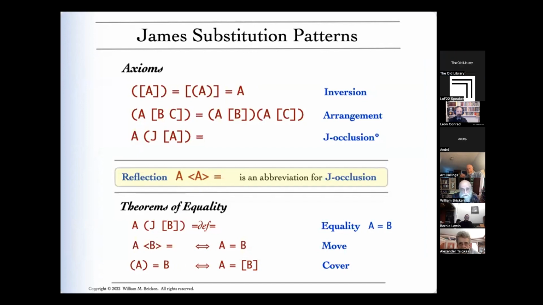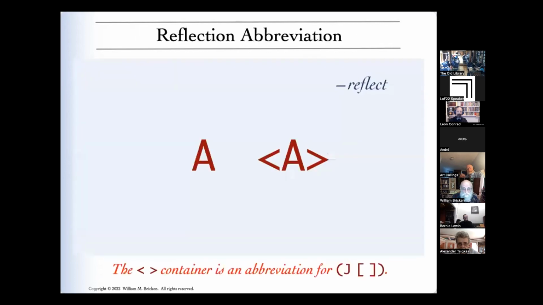It's an abbreviation, and three containers would just make the algebra way too complex. So here's reflection. Any form A can be brought in and out of existence. And reflection gives us kind of the feel that something's happening, but it is void equivalent, so nothing is actually happening.